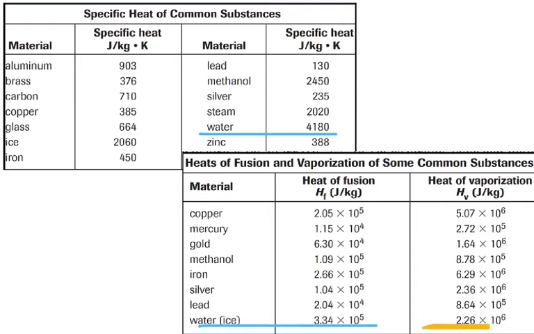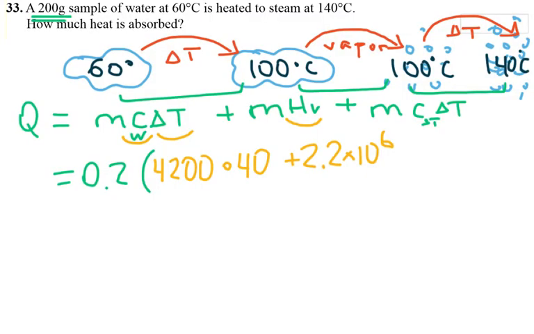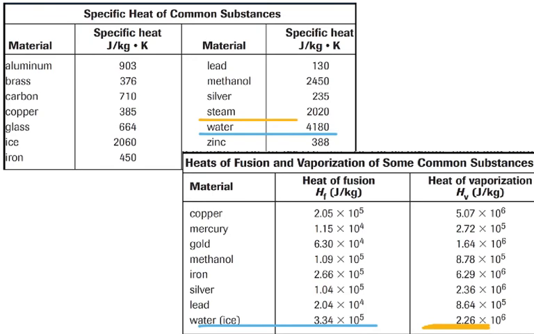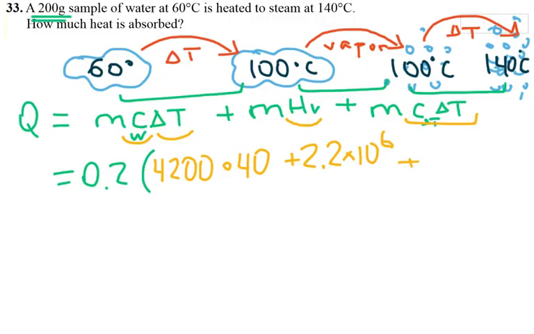And usually on the test, you're going to have all these numbers given to you. And then I have the mass is already taken out, so I only have this part, specific heat of steam. And the specific heat of steam is 2020. So I have 2020 times 40.